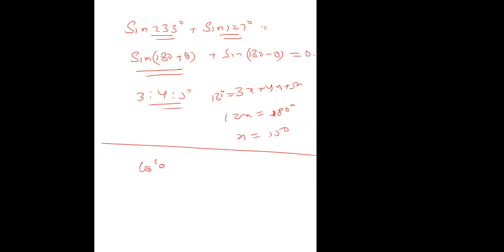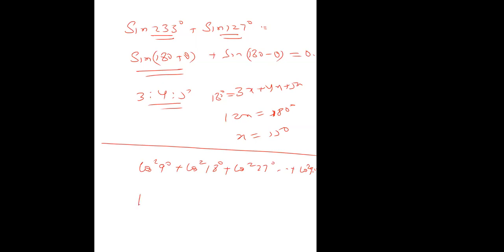cos square 9 degree plus cos square 18 degree plus cos square 27 degree up to cos square 90 degree, right? Cos 90 is 0 and cos square 81 is sine square 9, right?